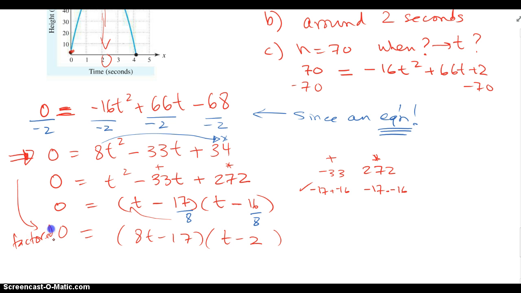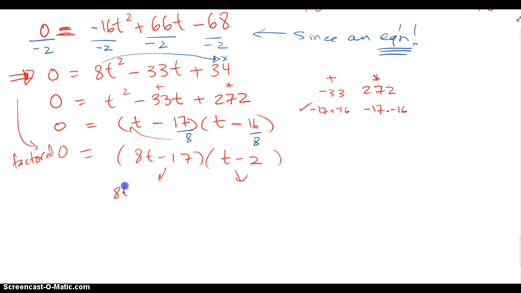Now I'm finally able to pop out my solutions. 8t minus 17 equals 0, t minus 2 equals 0. So I actually have two solutions: t equals 17 over 8, or t equals 2.